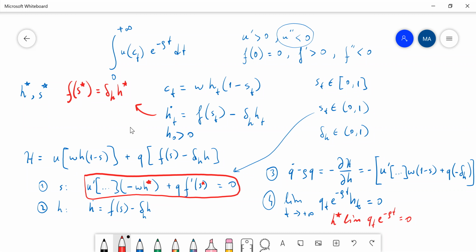Now the transversality condition dictates that if q_t is going to grow, that growth rate should be less than rho, if it ever has a constant growth rate.